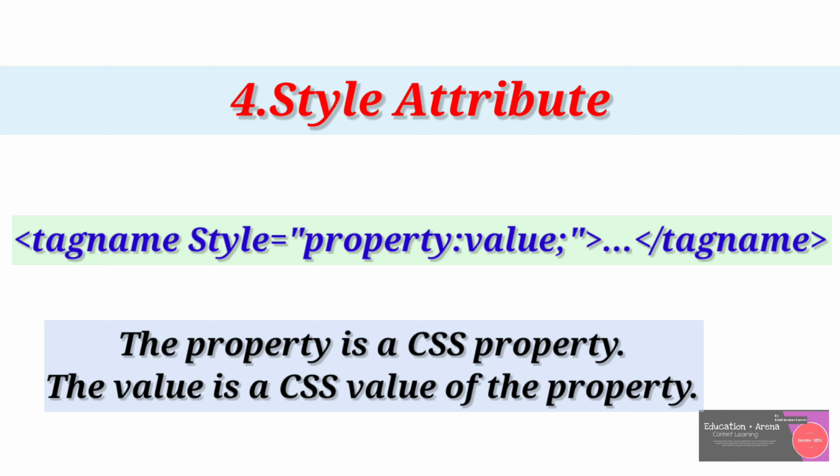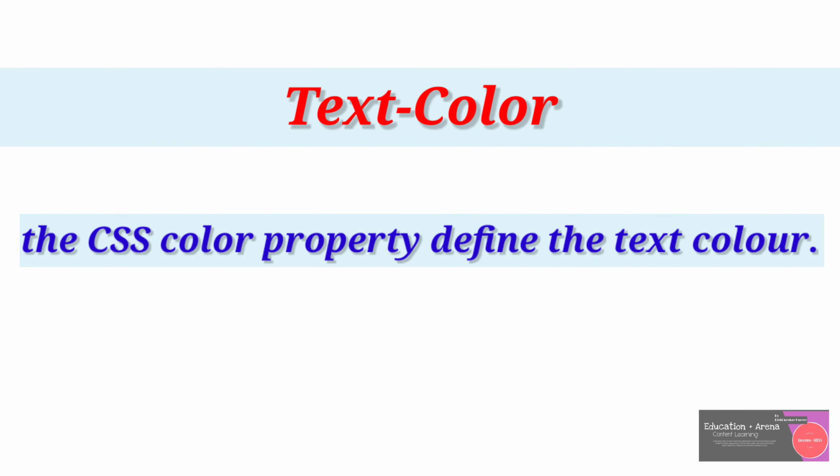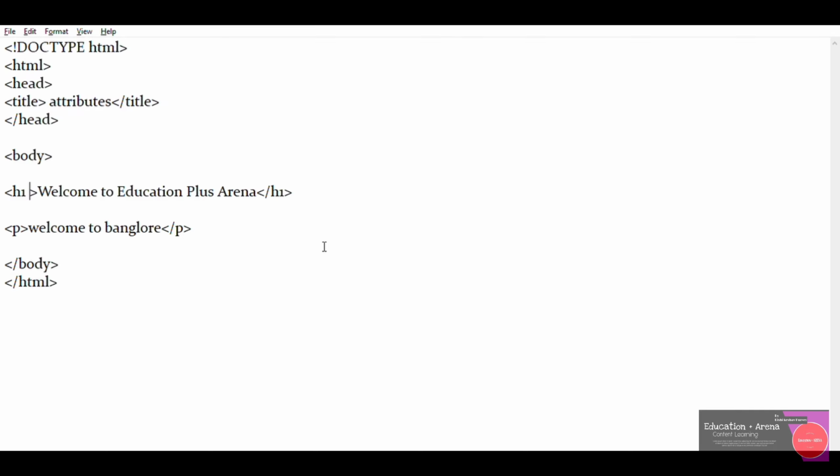Now we will see some effects of the style attribute with the help of examples. The first example is text color. The CSS color property defines the text color for an HTML element. For example, here I have written one heading and one paragraph. Inside the heading I am writing a style attribute in the opening tag.